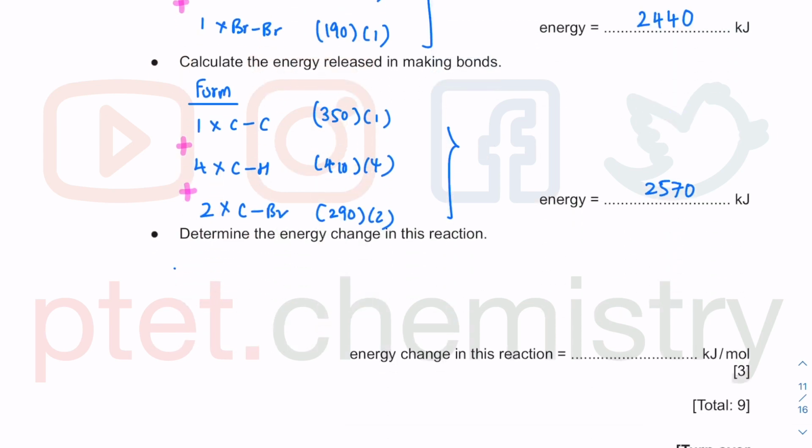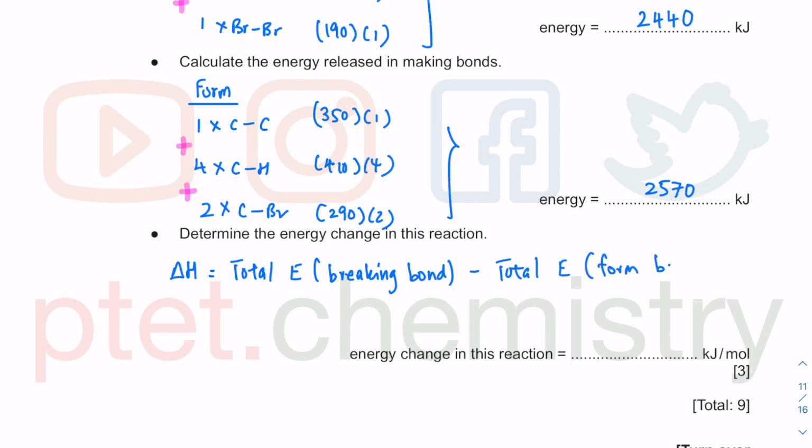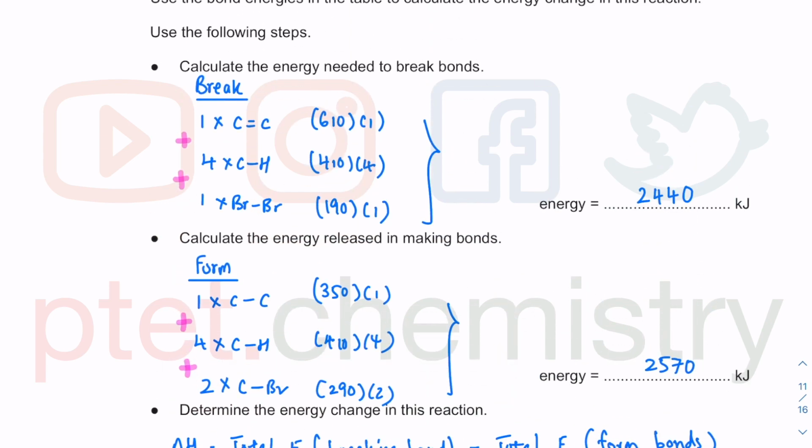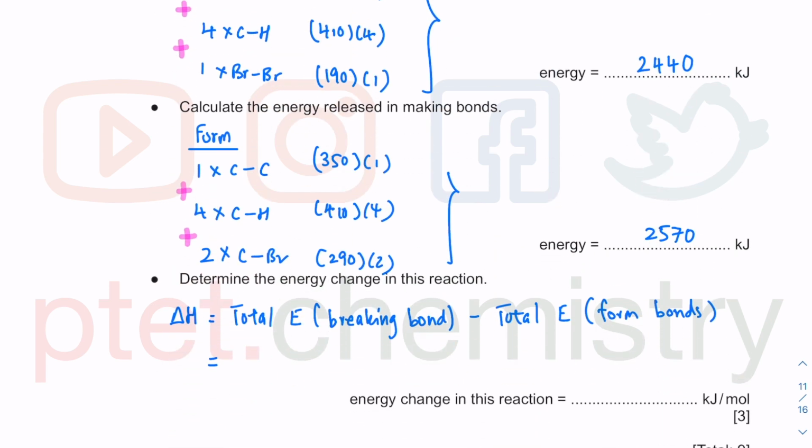To determine the enthalpy change, the energy change is going to be the total energy for bond breaking minus the total energy released when you form new bonds. When you make new bonds, you're going to release energy. So energy for breaking bonds is 2440, take away 2570.